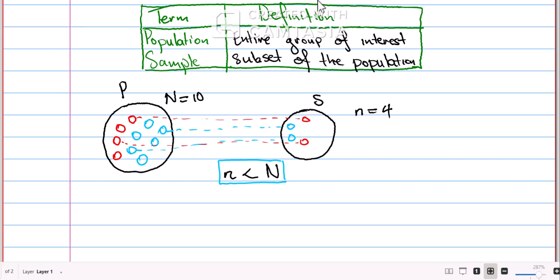This can never happen. So you should bear in mind that the sample size is always less than the population size.